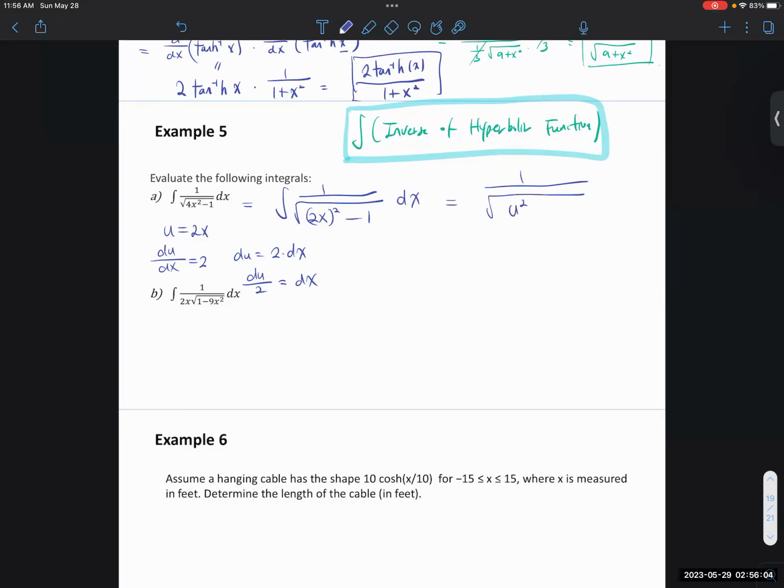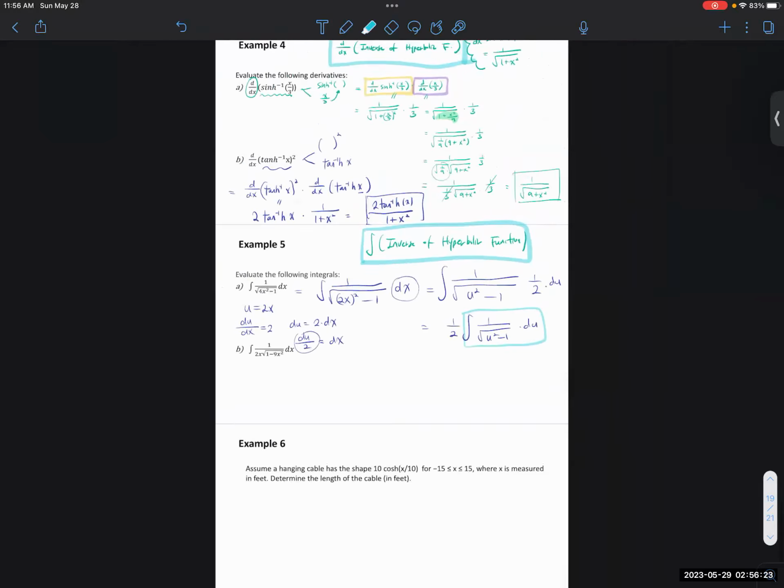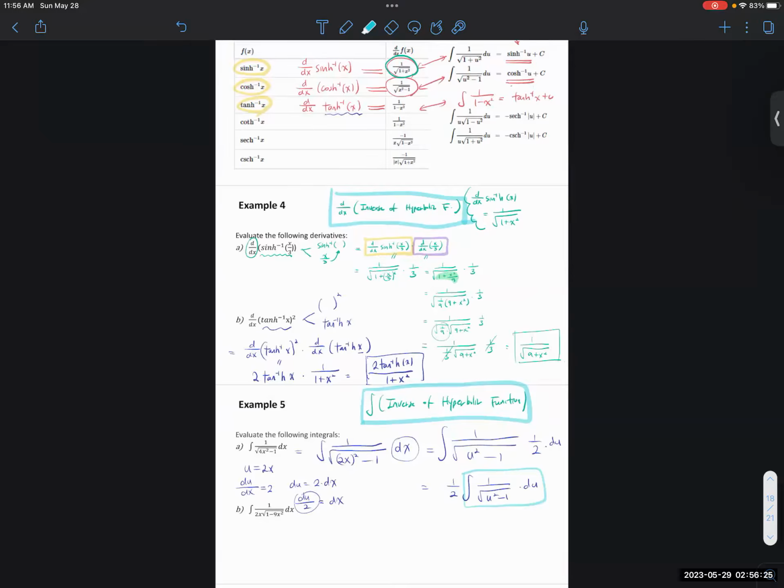So what happened? 1 over radical u squared minus 1, and dx is 1/2 du. And we are taking the integral. I can bring 1/2 to the front: 1/2 times the integral of 1 over radical u squared minus 1 du. We are taking the integral of this form, so let's look at the table. Go up. Radical u squared minus 1, which is this.